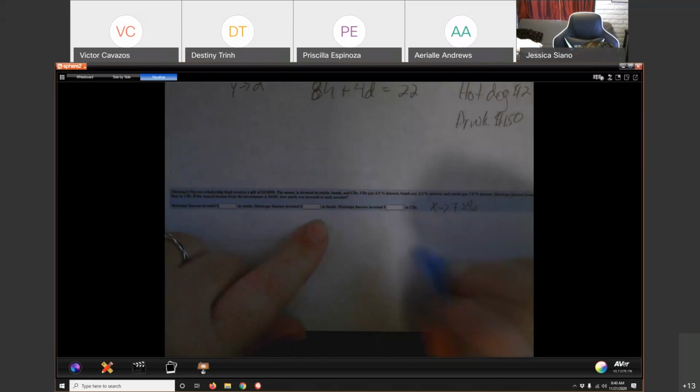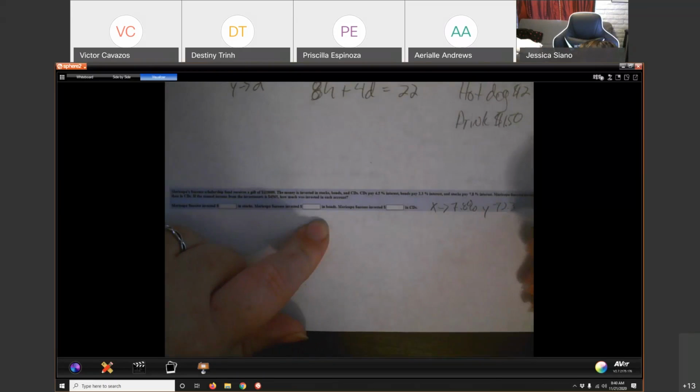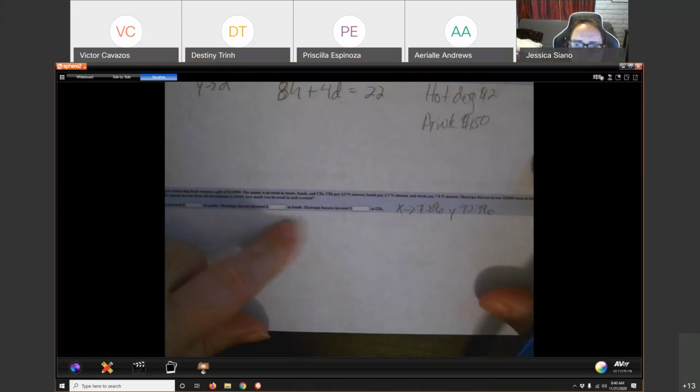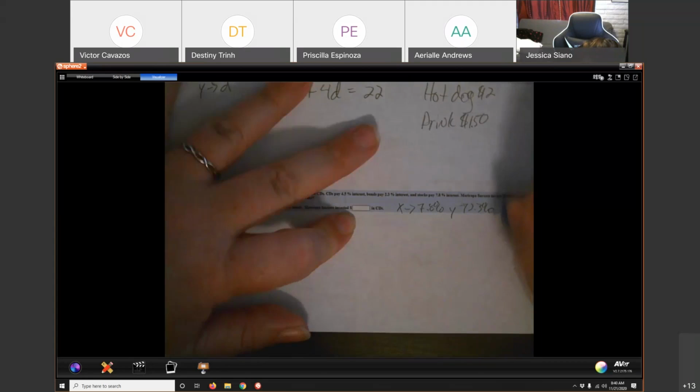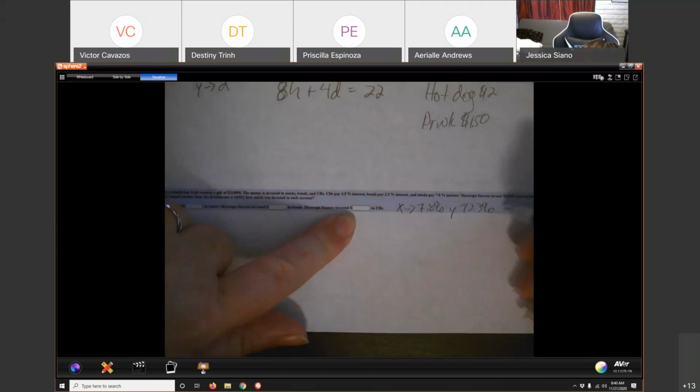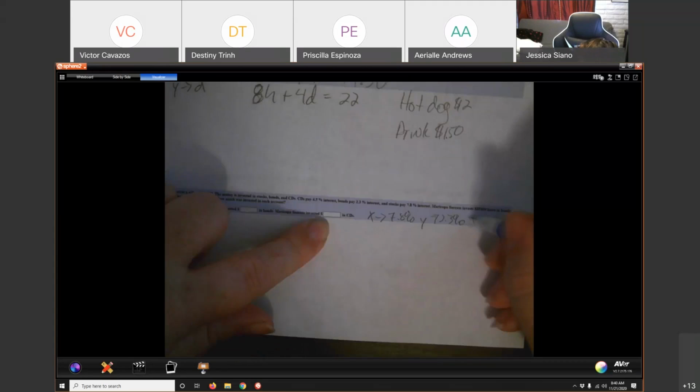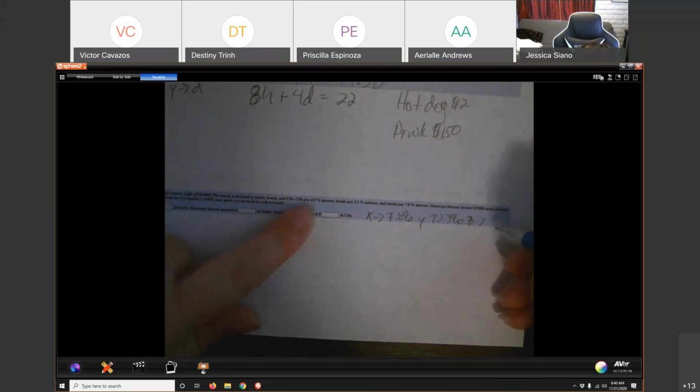Bonds pay 2.3%. And CDs, that should be Z. I already used X, I can't use X twice. Pay 4.5%.